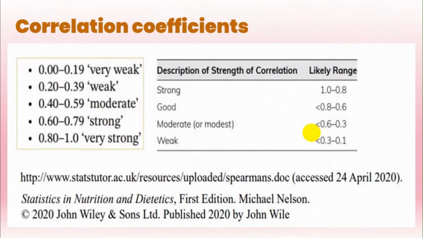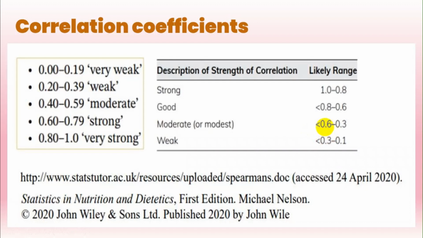And right now, I will show you the description of the strength of correlation and the rating of it. If it's strong, the range is from 0.8 to 1. If it's good, it's from 0.6 to 0.8.